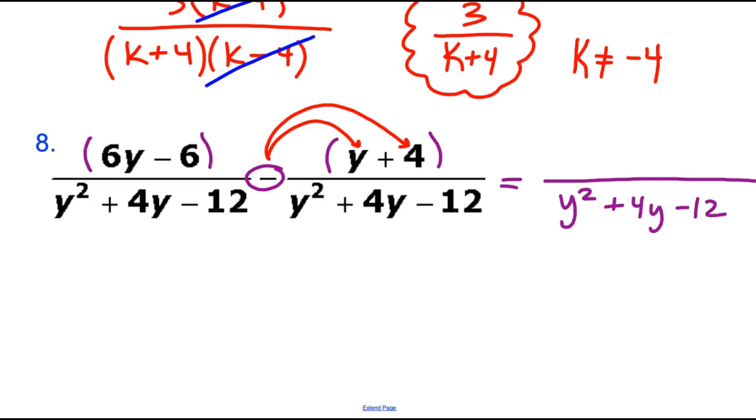So my numerator, 6y minus 6 minus, I'm going to write this all out just to be sure. Hopefully you get the picture. 6y minus 6 minus, and then you got to put parentheses around it, y plus 4. I could put parentheses around that if I wanted to as well. Sometimes when you do that, people like FOIL stuff, and you shouldn't, because there's a minus. It's not times.